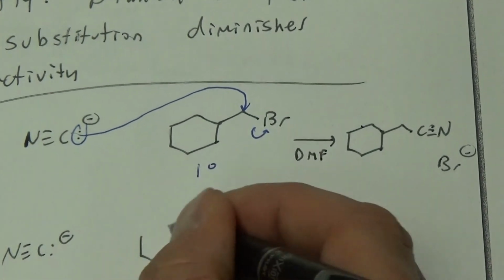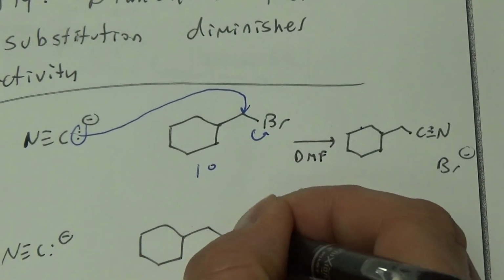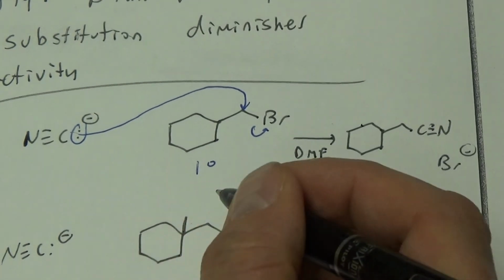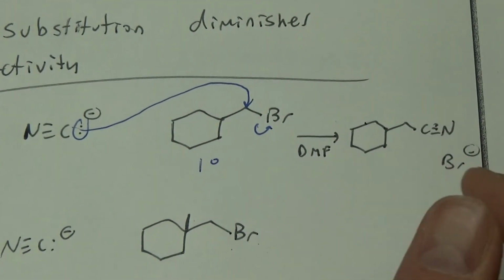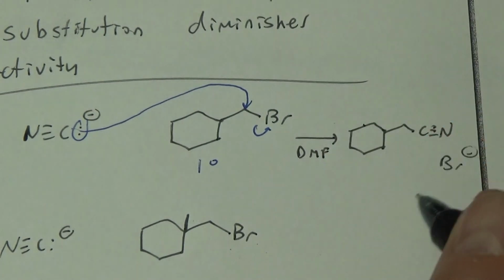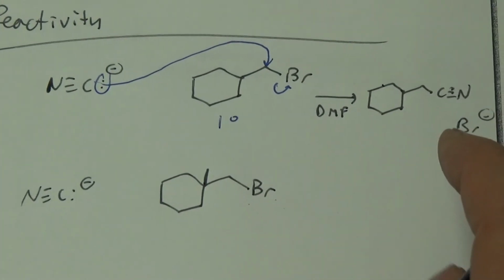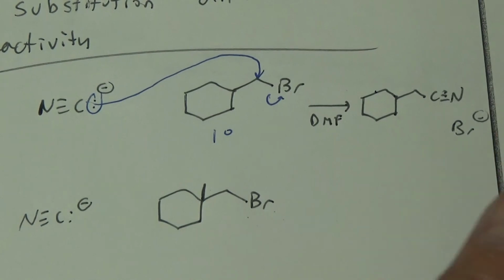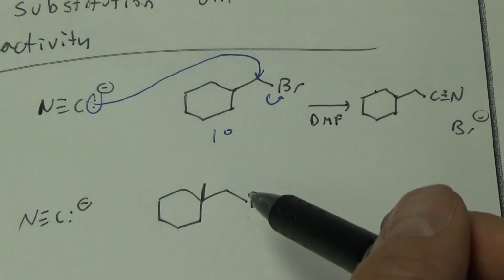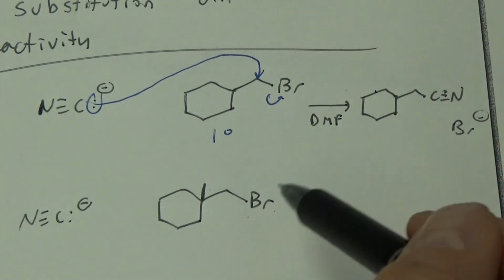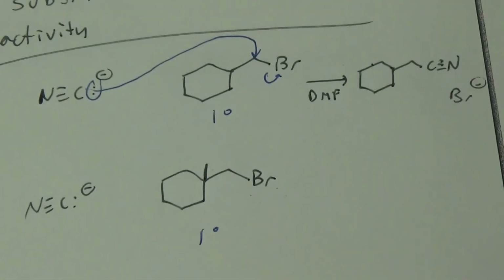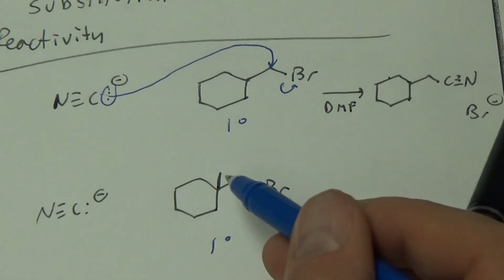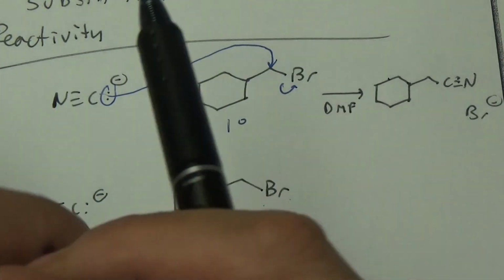Let's do the same thing now with the same substrate with a methyl there. Fast, slow, different, not different. What kind of substrate is this? Is this primary, secondary, tertiary? Well, it's still primary. Now we got an extra methyl next door, but we're still primary.